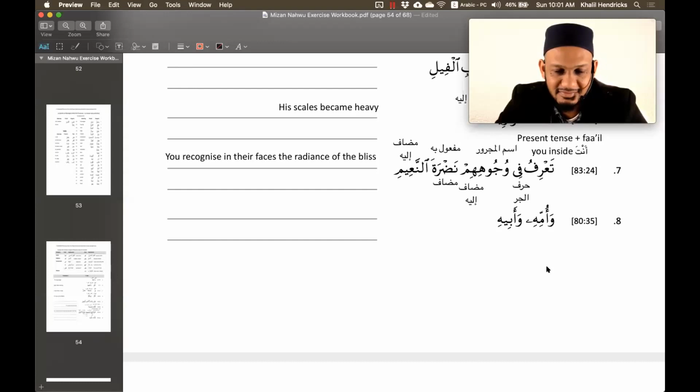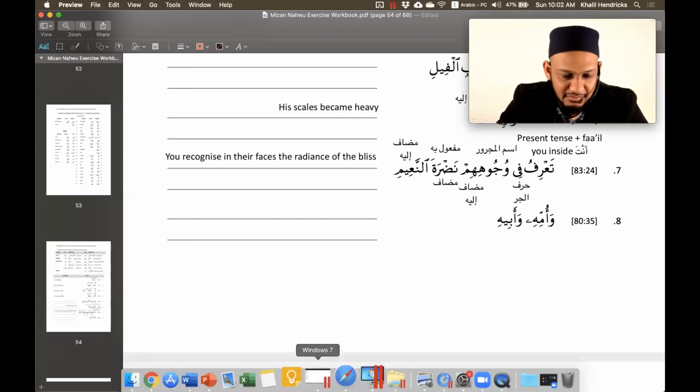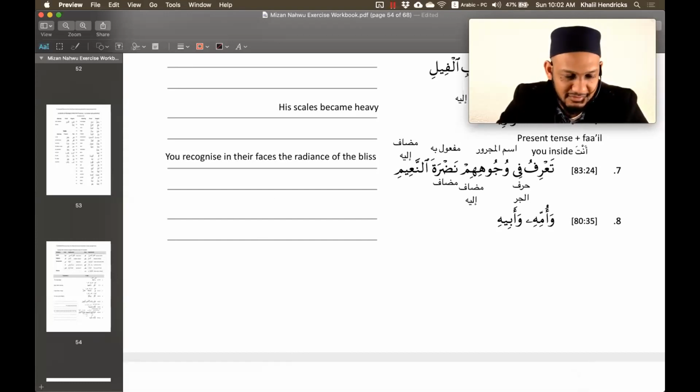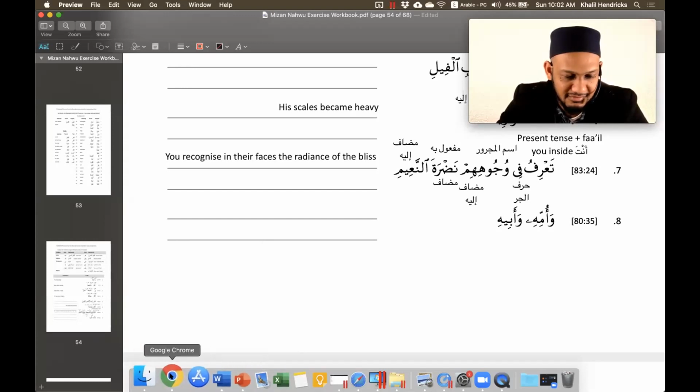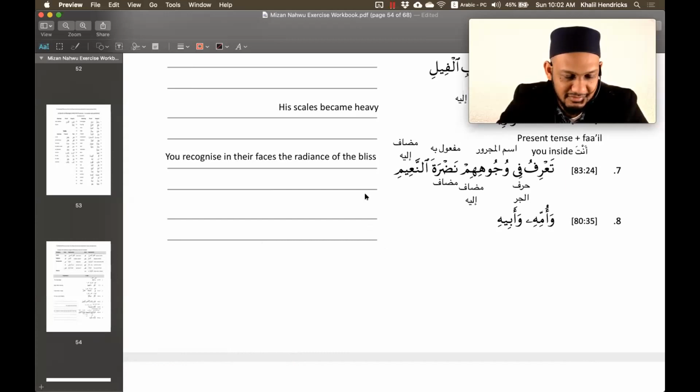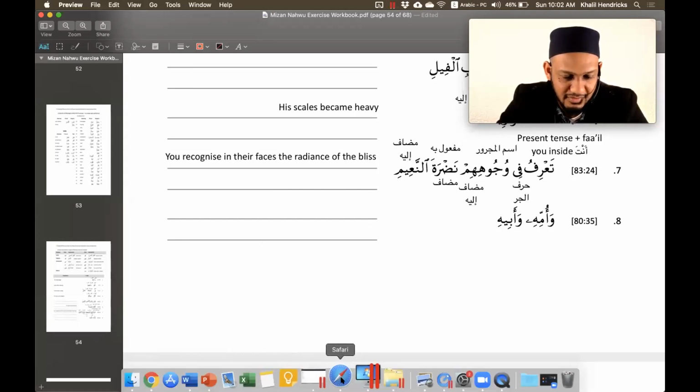So how would you know when to stop looking for that? Would you look for the fa'il, look at the first word, the second word? Is there an indicator, or must you go through the whole sentence to find the fa'il? I hope I'm making sense.